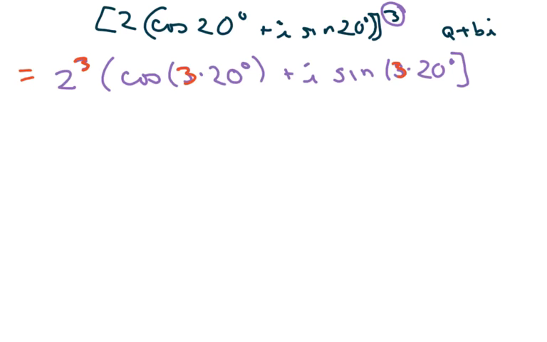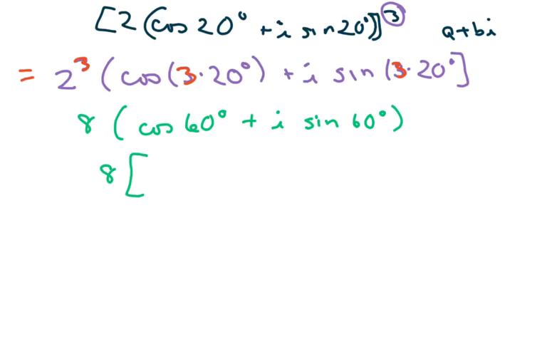Now we're going to simplify this, and we get 8 times cosine of 60 plus i times sine of 60. And that's going to be 8 times 1/2 plus square root of 3 over 2 i.